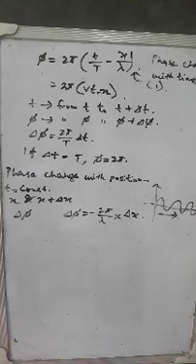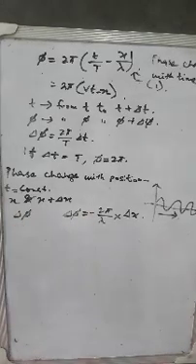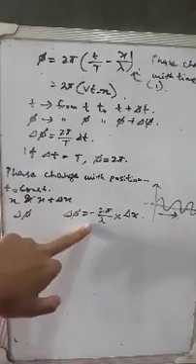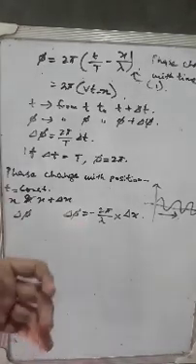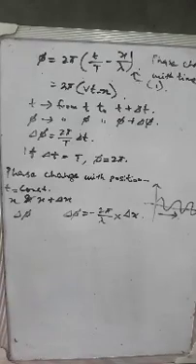So we can ignore this negative sign, and we can write the phase difference between the two points from the graph. But if you want to ignore it, you can do it.